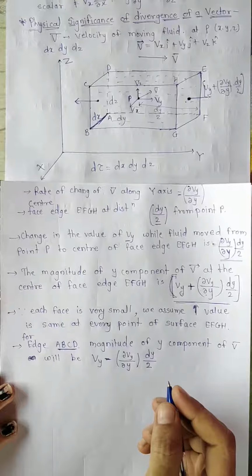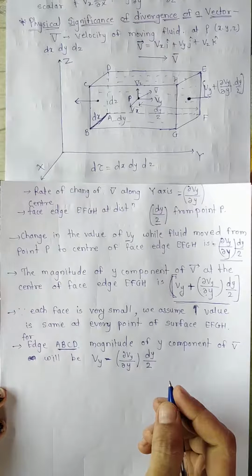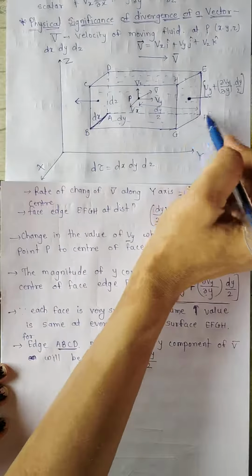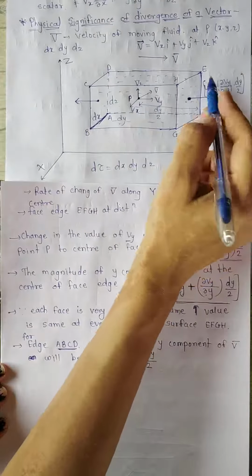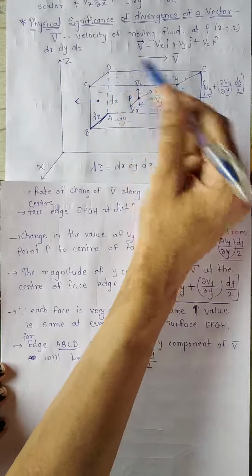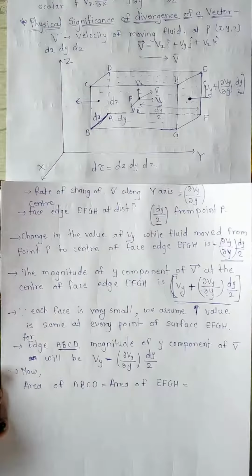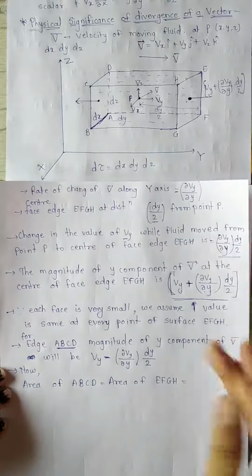Now we can say that the area of this face and the area of this face are equal, meaning the area of ABCD and the area of EFGH are equal. And how to calculate this area?